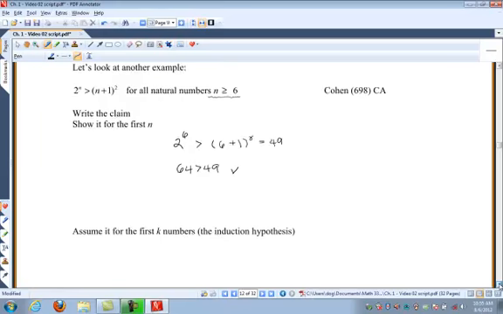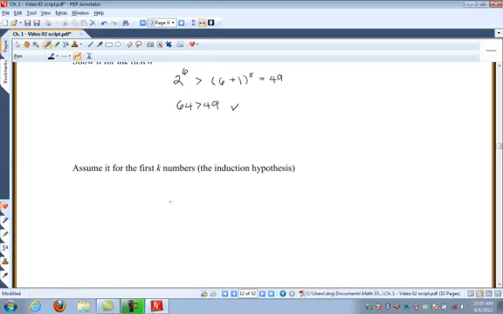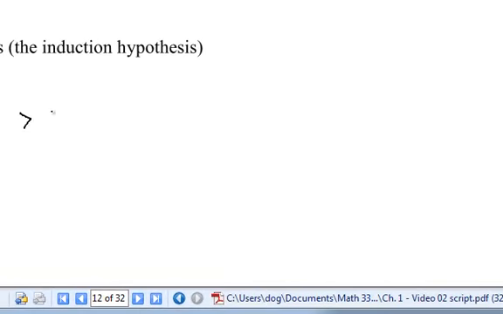All right, the next step is the induction hypothesis. 2 to the k is greater than (k plus 1) squared. Okay, now remember this is with k greater than or equal to 6. Now let's do the work. We have to write it out for the next number, k plus 1.